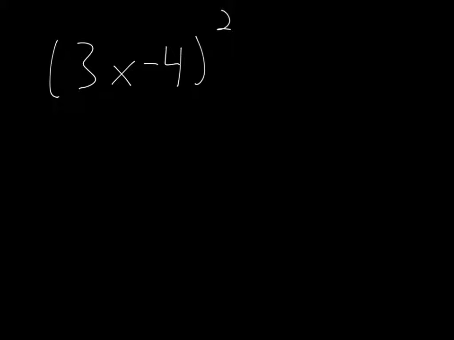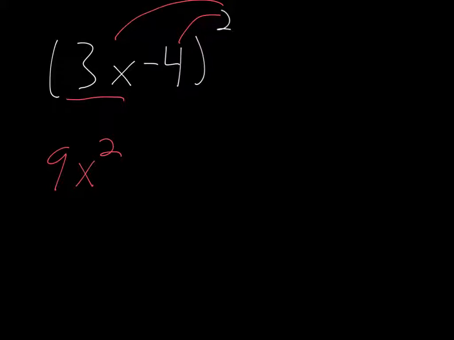So you can try to do this one with or without the shortcut, because I'll show it in both ways. For this one, I'm going to try to show it with the shortcut first. So go ahead and hit pause and try it on your own. All right, assuming that you tried it on your own now, to do the shortcut, you got to square the front term and the back term. So 3x squared is actually 9x squared.